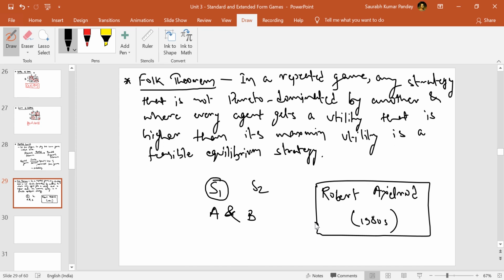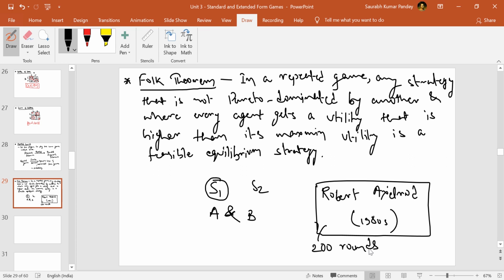He asked his students to submit different Fortran programs, and they were supposed to play this iterated prisoner's dilemma game for 200 rounds.